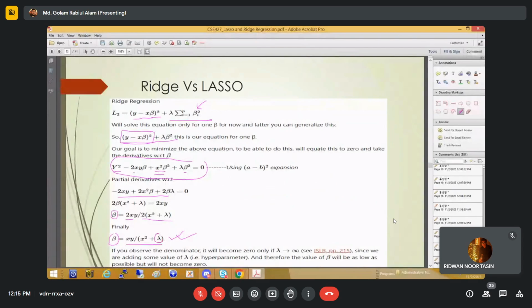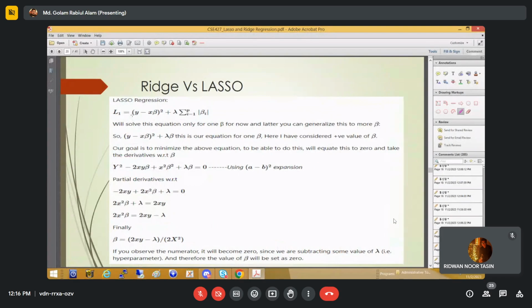So usually we will not consider that one, and so we will never get beta equal to 0 in ridge regression. And if we get 0 in the denominator, it will be undetermined in that case. So the beta will never be 0 for ridge regression.